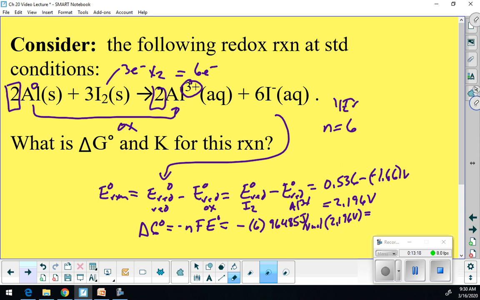And that gives me a really big number, 1271286. I'm going to divide that by 1,000, and that gives me a negative 1271 kilojoules per mole. How many sig figs? I can only get to my hundredths here, so 3. So my answer should be a negative 1270 kilojoules per mole.